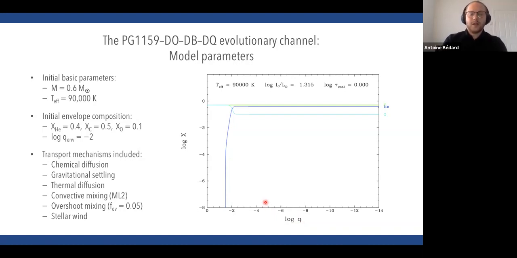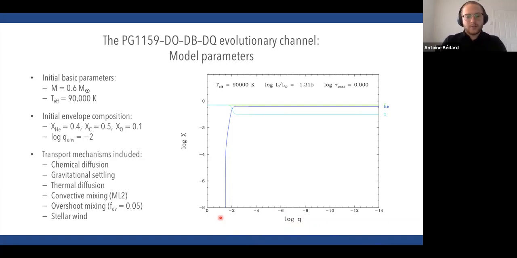So for example, log Q equals -4 means that there is 10 to the -4 of the mass of the star above this point, or on the right of this plot, if you prefer. So this here is the surface. This represents the envelope, and underneath here, we have the carbon-oxygen core.